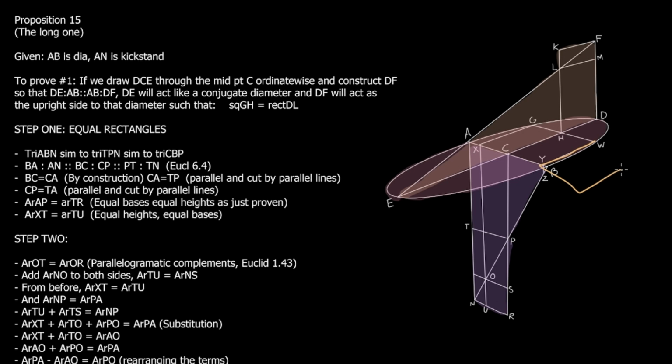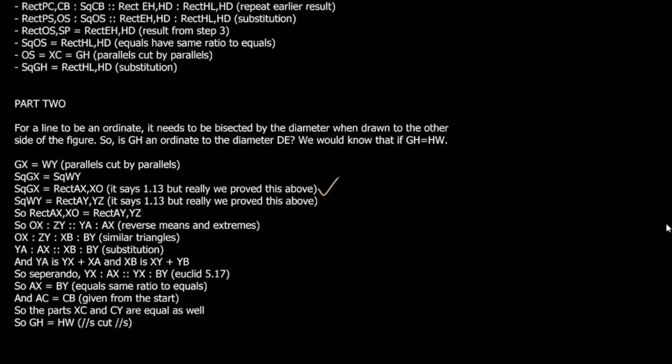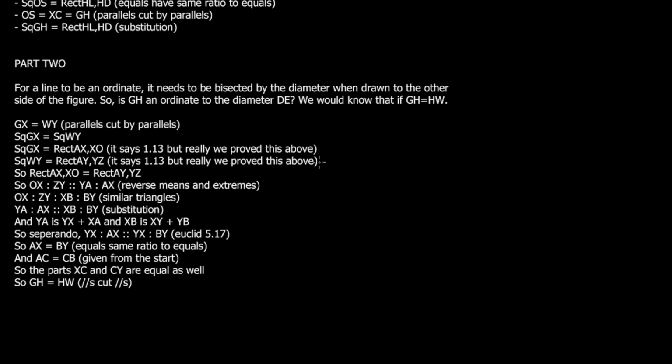So the square on this would be equal to the rectangle YZ, AY. It would be something like that, maybe. Also from 113. So if GX is equal to WY, and GX is equal to this, and WY is equal to this, then these two things are equal to one another. So that's what we wrote.